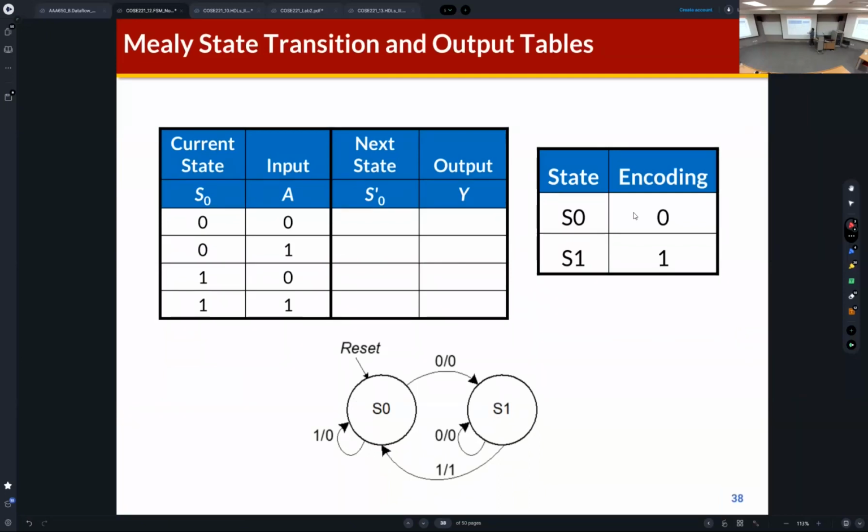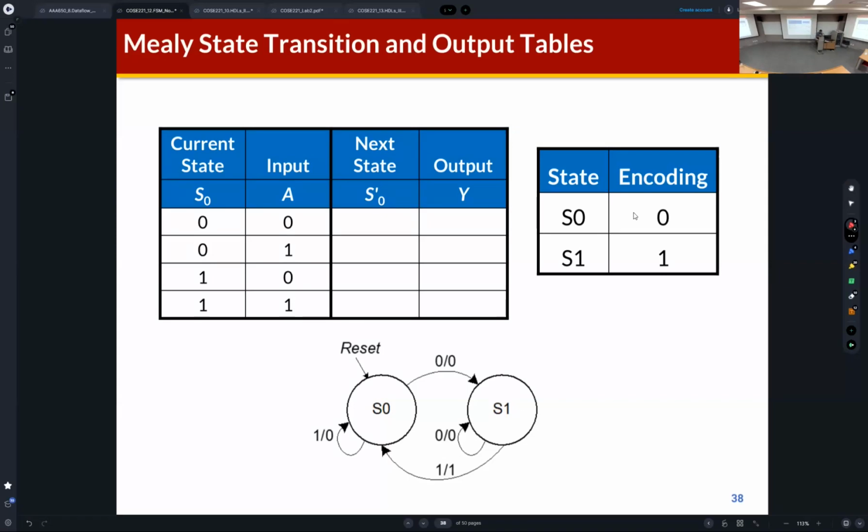So this is the state transition diagram of a Mealy FSM, and there are only two states. We can encode state S0 as 0 and state S1 as 1.